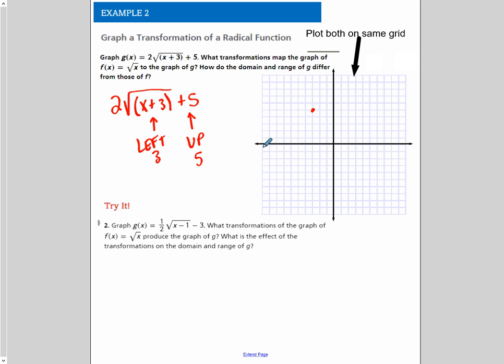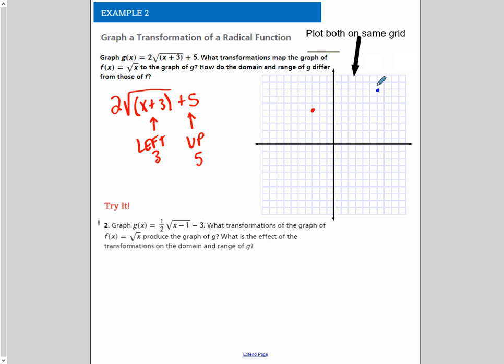All right. Now normally the square root function behaves like this. You go right 1, up 1, right 4, up 2, right 9, and up 3, because the square root of 1 is 1, the square root of 4 is 2, and the square root of 9 is 3.